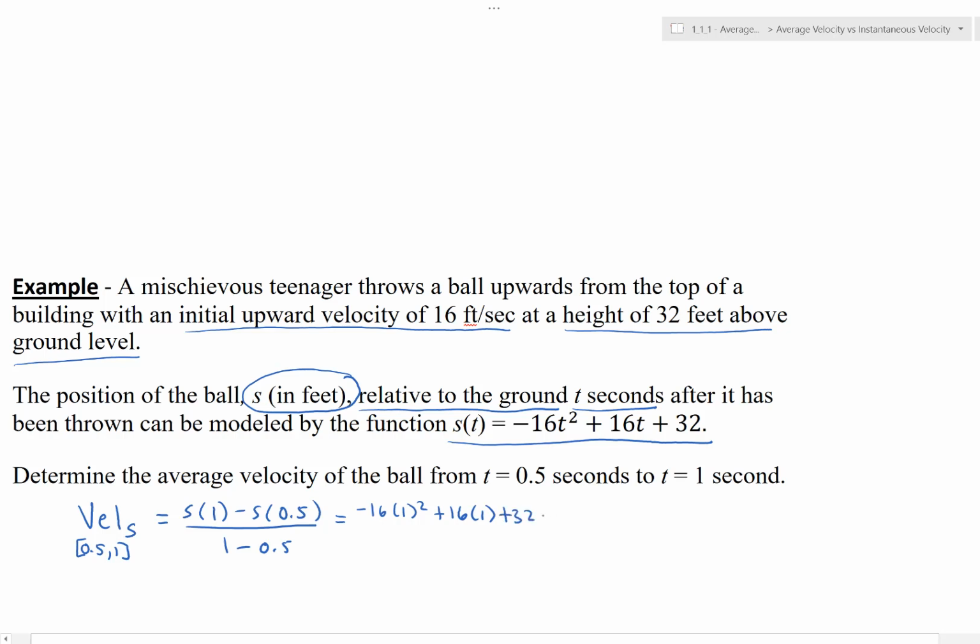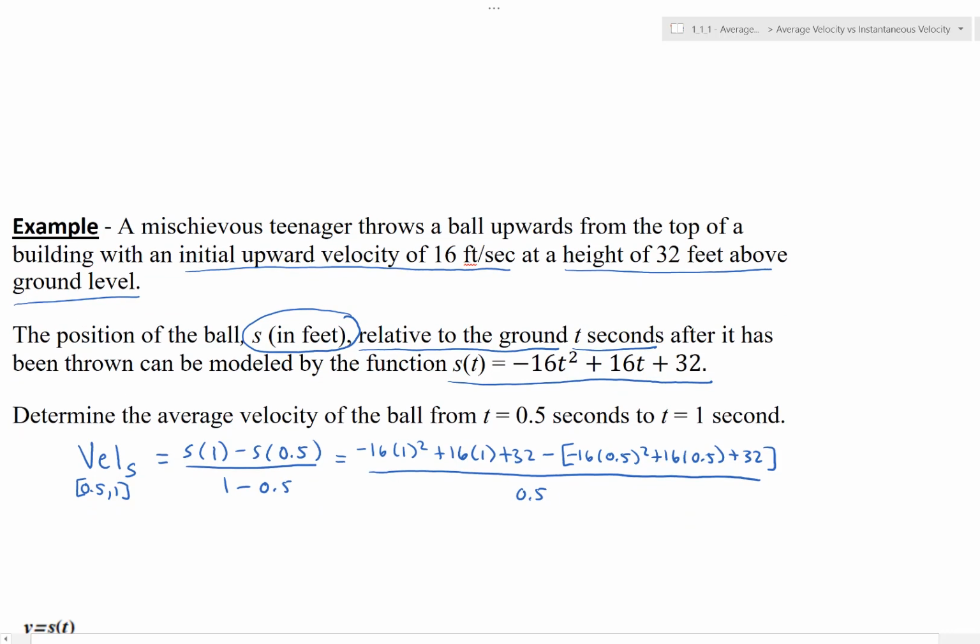There's our s of 1 minus the quantity s of 0.5, or s of half, which is negative 16 times 0.5 squared plus 16 times 0.5 plus 32. Minus all that. And then on the bottom, of course, the change in time is just half a second, 0.5 seconds.